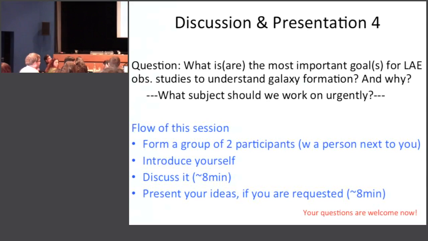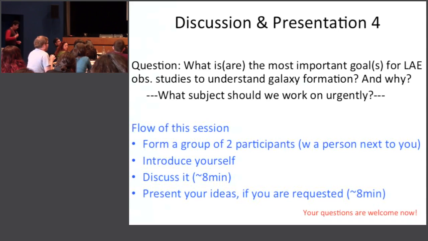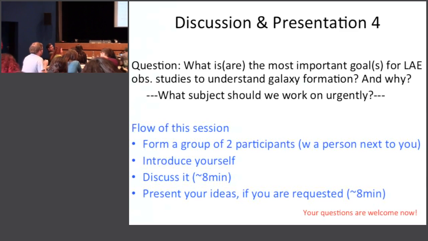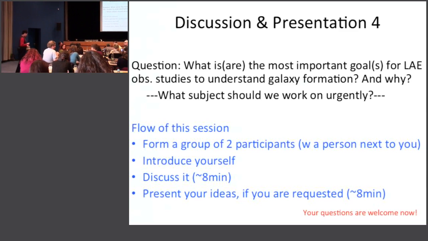Is this a factor of physical or morphological properties, or just random selection effects as some function of mass? Because if Lyman-alpha is biased towards particular types of galaxies, it makes it really difficult for us to use LAEs as general star-forming galaxies.